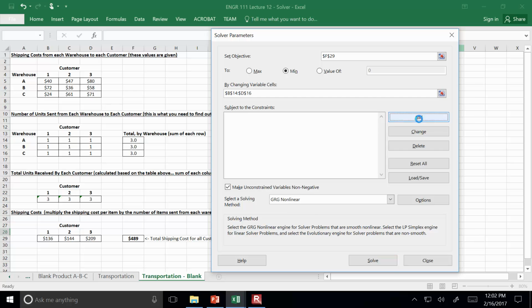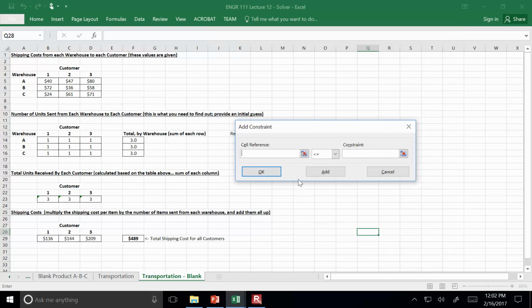And the constraints are that, first of all, I know that each customer has to have 200. So I'm going to say this needs to be equal to 200. And then I'm going to add another one. This customer has to be equal to 200 units. And this customer has to have 200 units.